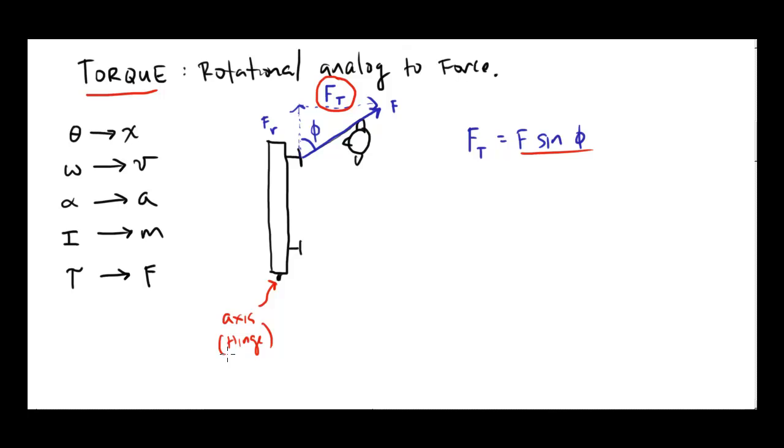It's pretty obvious for a variety of reasons that's not good. One reason is that if you were pulling on the door from this location, it would be harder to get the door to open. You'd have to pull harder in order to open the door.